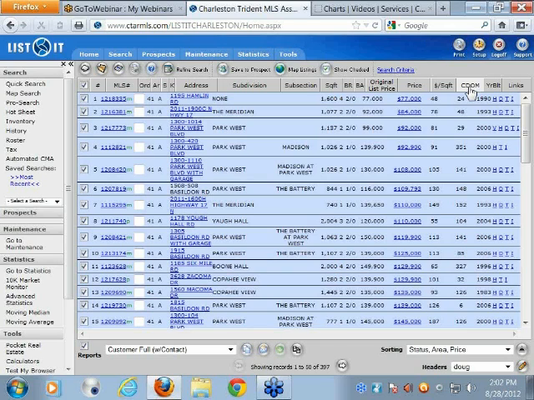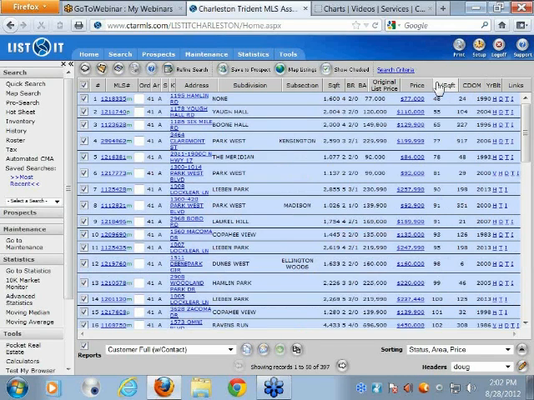These are great to have, especially dollar per square foot, because you can click on that in the header and have the whole list reordered based on that one thing. Now the entire list is ordered in terms of that. So improving your header is very important to make your life easier.